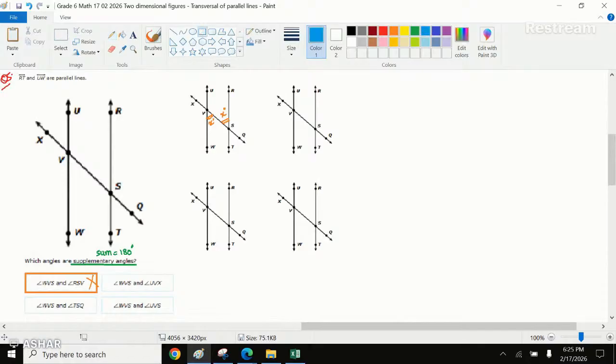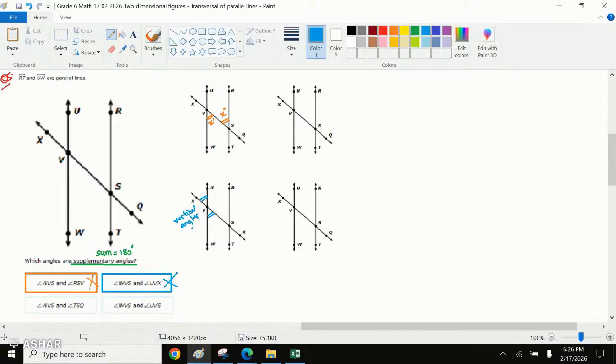For the next option, it says WVS and UVX, this angle. What are these two angles in the second option? They're still not supplementary. They are vertical angles, right? And we do not need to find vertical angles.